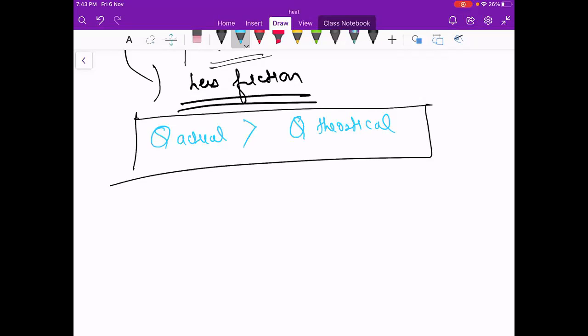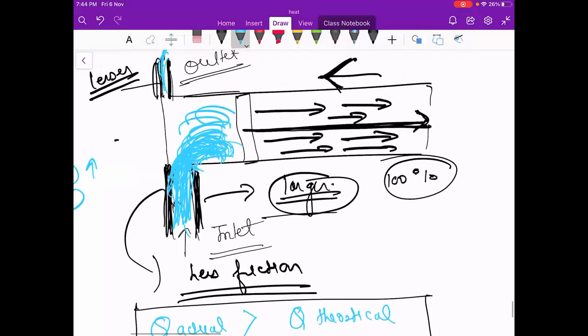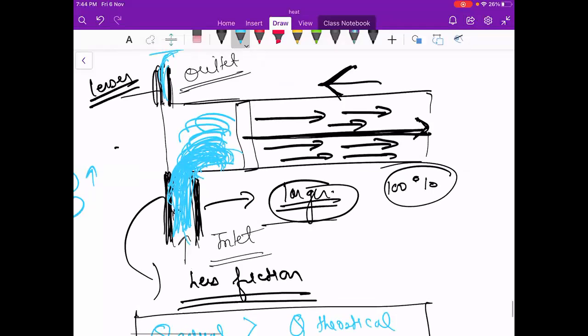Actually, it is a part of fluid mechanics. I told you there are two types of positive displacement pump, rotary and reciprocating, and whatever I am telling is all about the reciprocating pump.